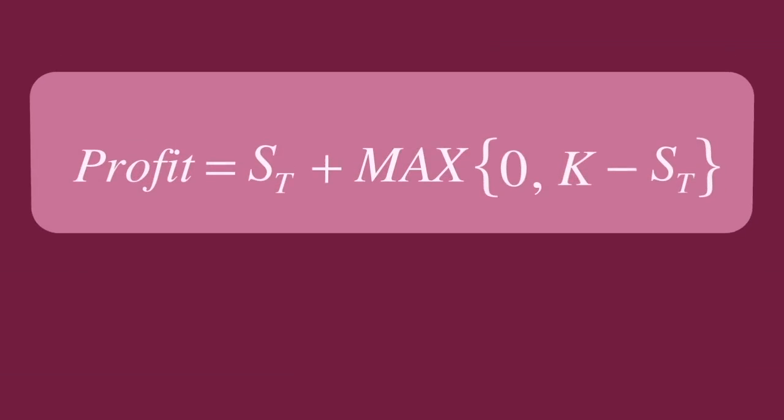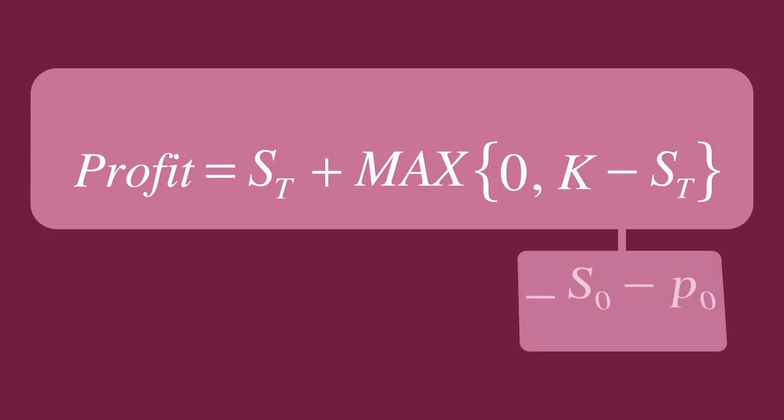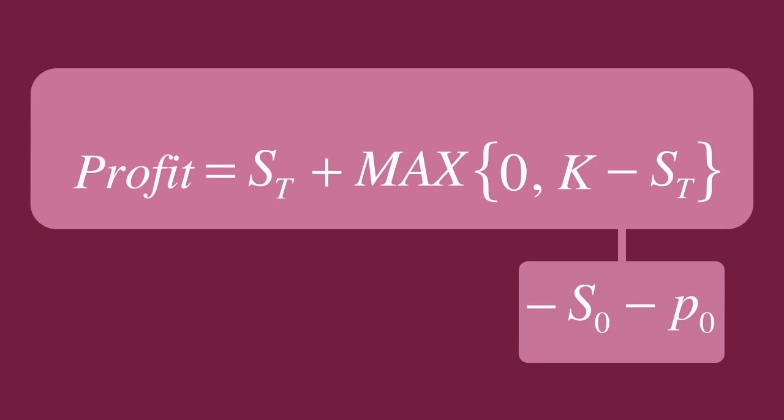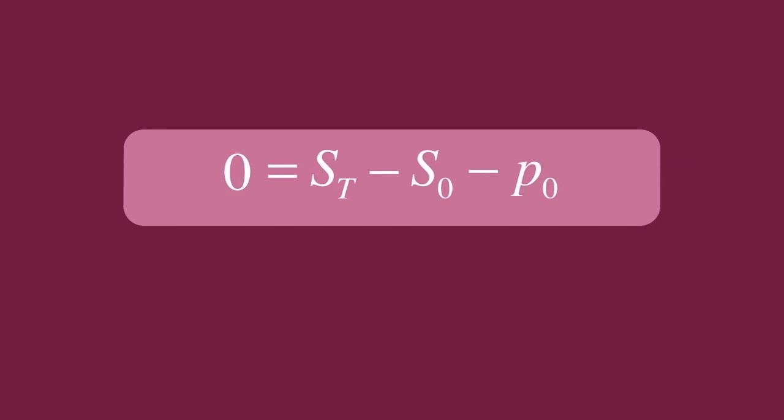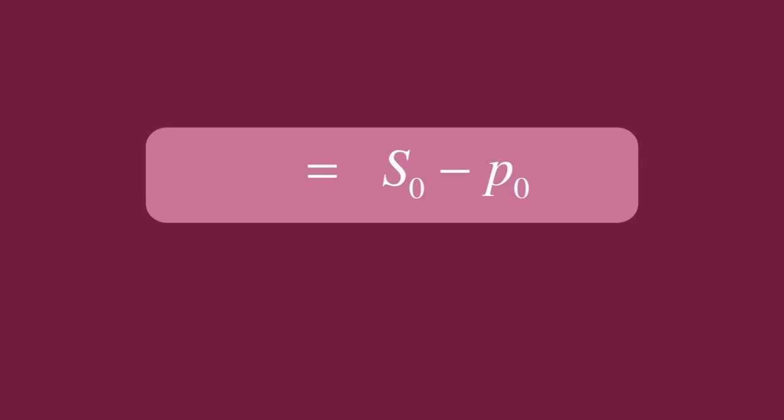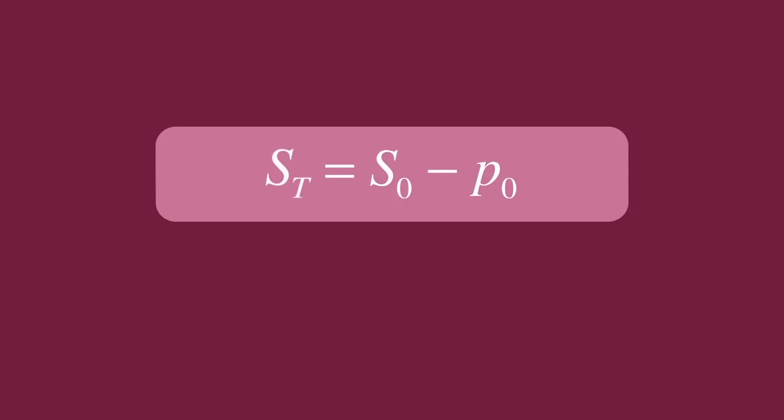Taking the expression for profit in a protective put strategy, the first thing again we do is to set the profit equal to 0 so that we can find the break-even underlying price. After that, we can again remove the option payoff, since from the graph, we can tell that the option will expire worthless at the break-even point. With some basic algebra, we find that the break-even point happens when we recoup both the price of the underlying asset and the option premium we paid.